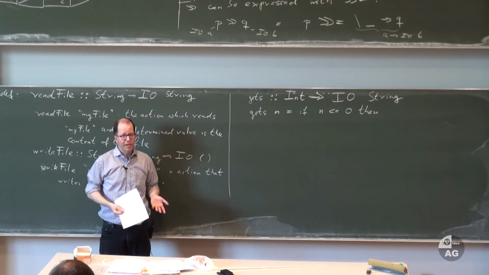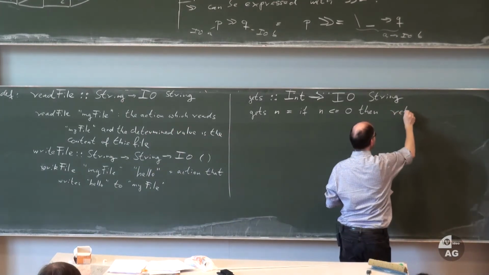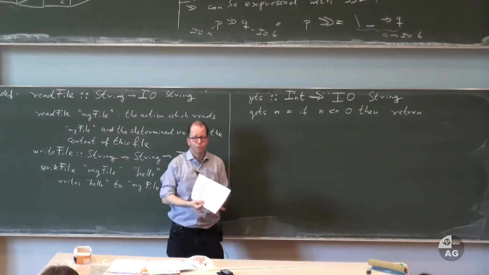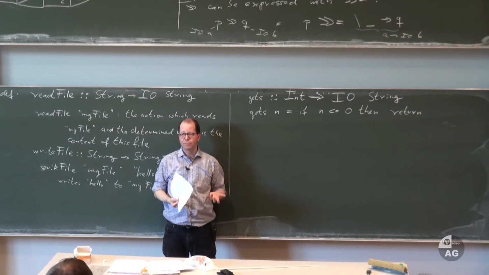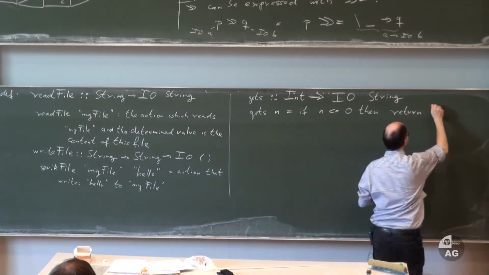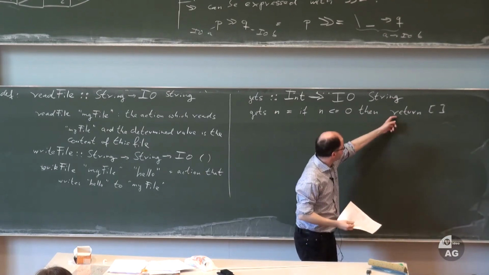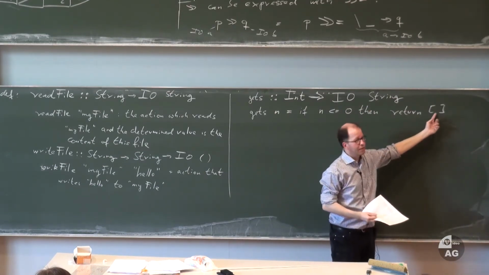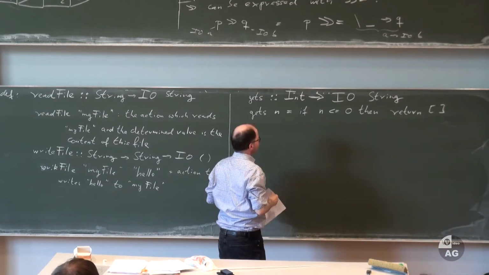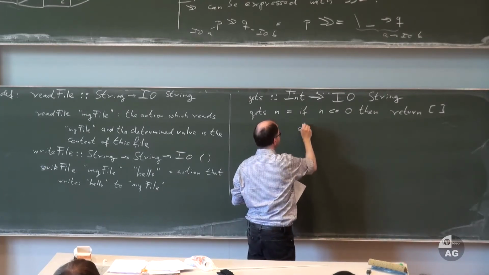So I want the empty action. The empty action I can produce with return. And what do I want to encapsulate in this empty action? So what is the string that I have read now? The empty string. So I take return and I encapsulate the empty string. And this indeed has the type IO string. It's the empty action where this value has been determined. Okay, so this is what's happening if n is negative.